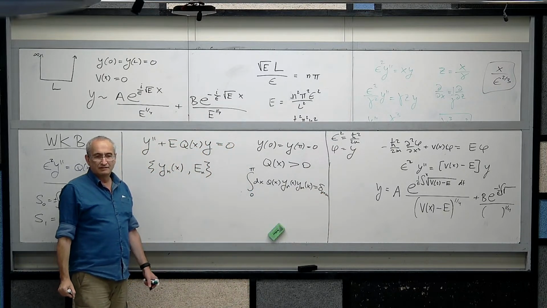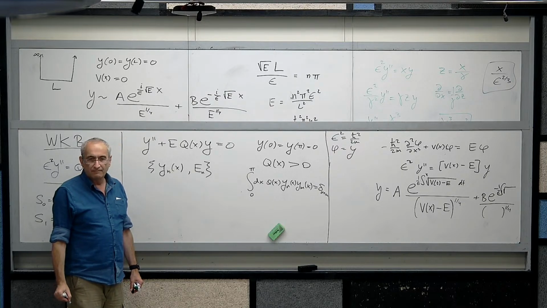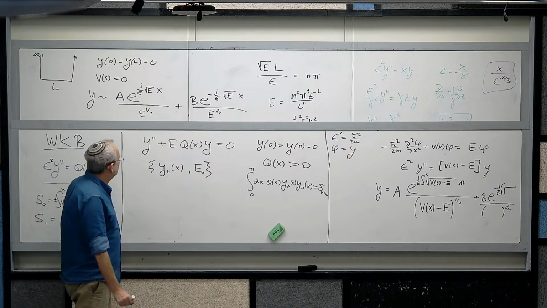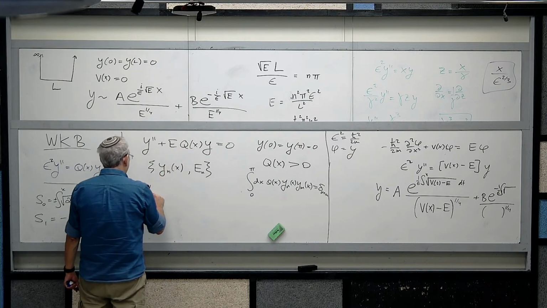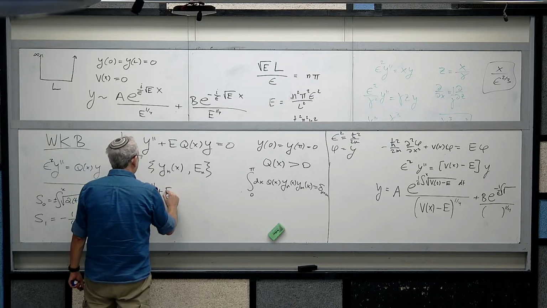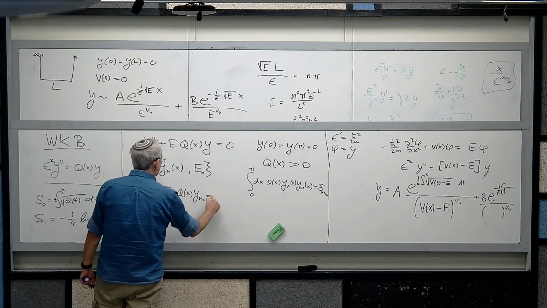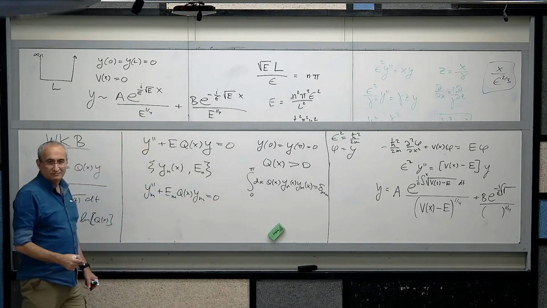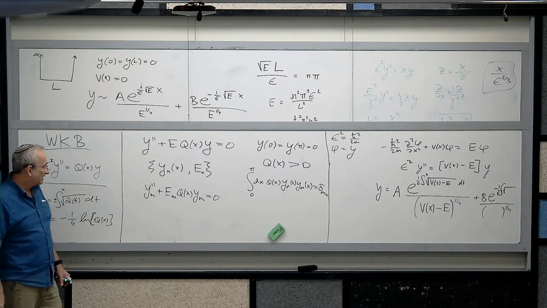Right? How do I prove that? Very simple. By construction, by definition, ym double prime plus em times q of x times ym is 0, because ym is the mth solution of the Sturm-Liouville problem, right?